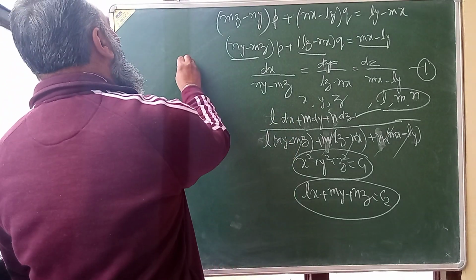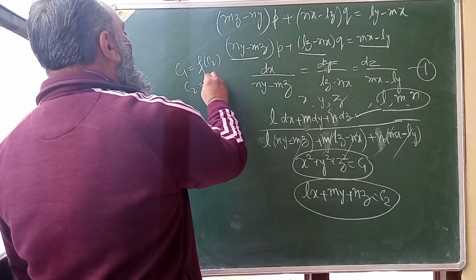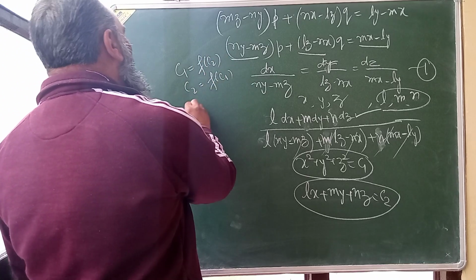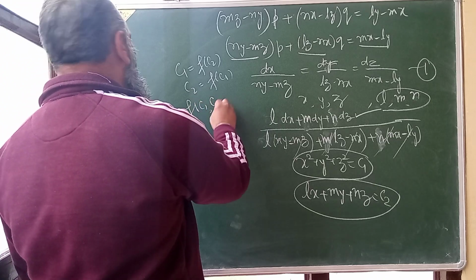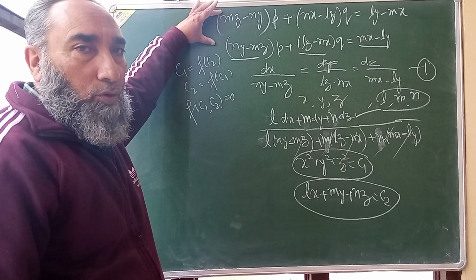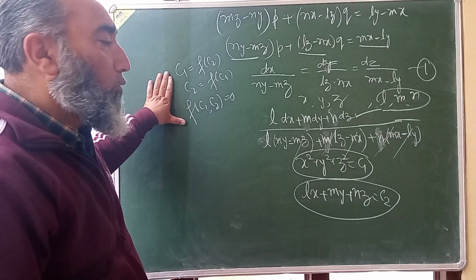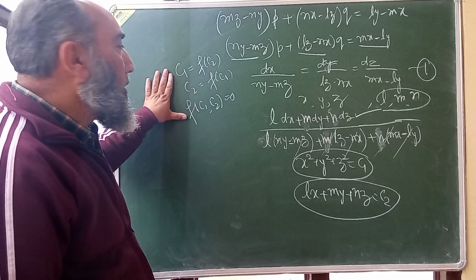Now you can appreciate this because I have shown you that whether you write C1 as a function of C2, or C2 as a function of C1, or a function of C1 comma C2 equal to 0, you will end up with the same solution. So if you have a question of this type, you will have a solution of this type. You can use any solution.